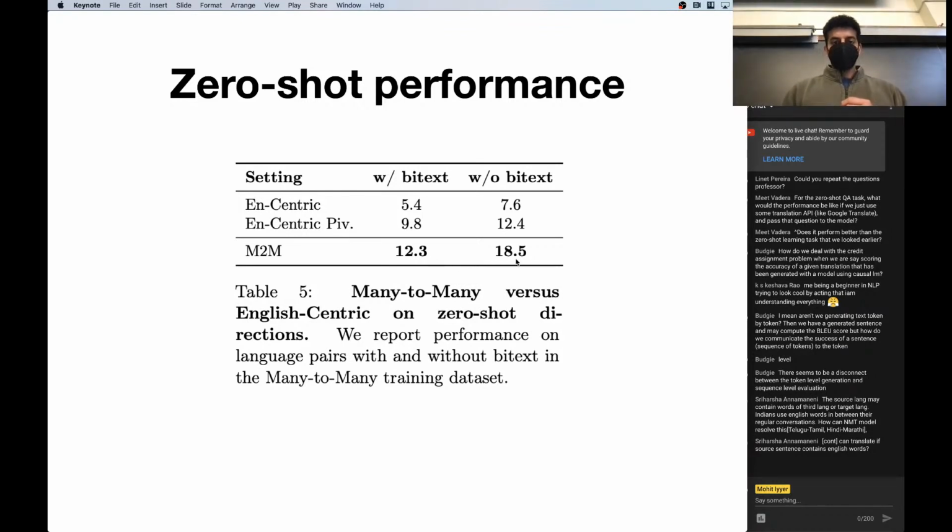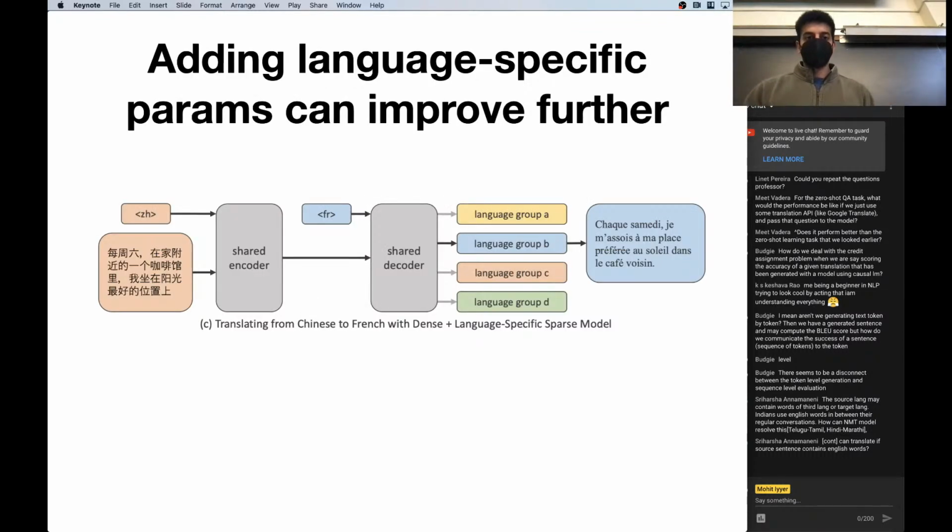I wonder why this is higher than, okay, maybe I misunderstood this table. All right, I will have to read more about this before I say anything about it, because I thought it meant one thing, but maybe it's different. Anyway, this model is capable of zero-shot translation. I'm not going to say more than that.